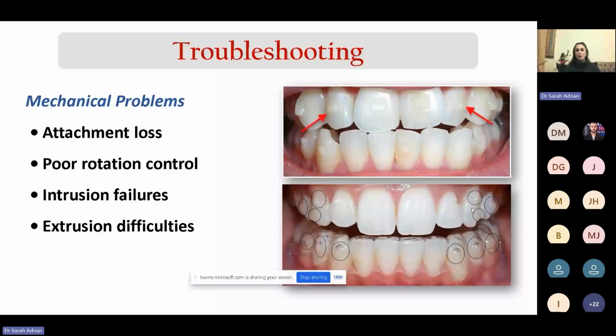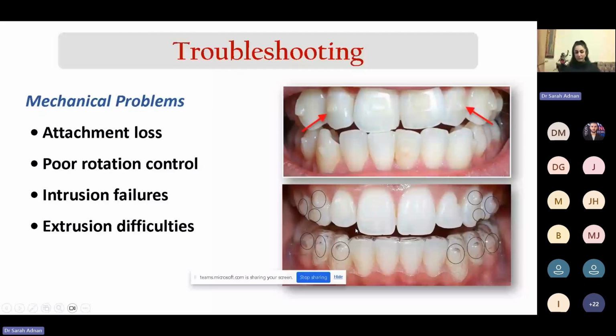But you should make sure that you slowly remove a small amount from the gingival margin of the aligner, so that during intrusion, it will not interfere with the gingiva.